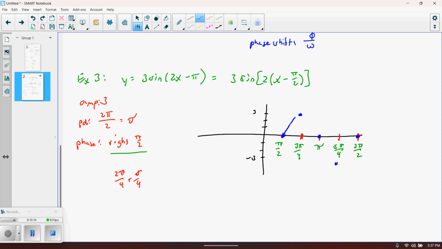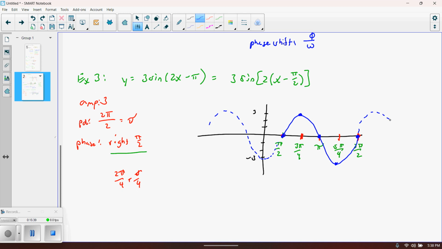So this is what your sinusoidal curve would look like that has been shifted. It's been shifted pi halves units to the right. And again, if you wanted to, obviously you would keep the curve going using the dots and so on. And then this way it would keep on going out that way and so on.